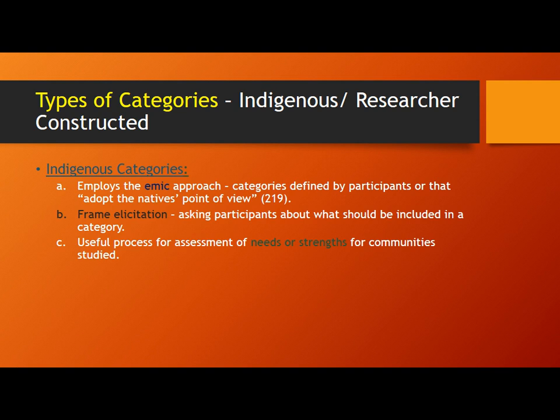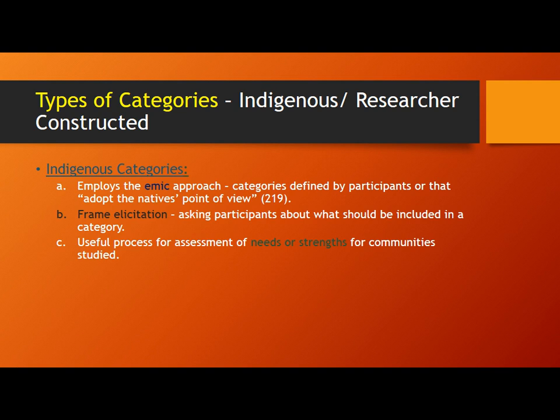Now, from our text, Marlowe's talking quite a bit about differences between categories that would be considered maybe more participatory or less. For the types of categories created for qualitative research, she kind of breaks it down into two types: indigenous and researcher-constructed categories.